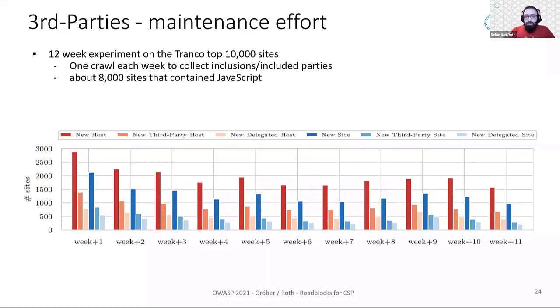After the first week, the researchers noticed that nearly 3,000 new hosts were added, approximately half of them originating from third-party inclusions. And even at the end of this 12-week-long experiment, more than 1,500 new hosts were added, which makes a host-based CSP very hard to maintain.